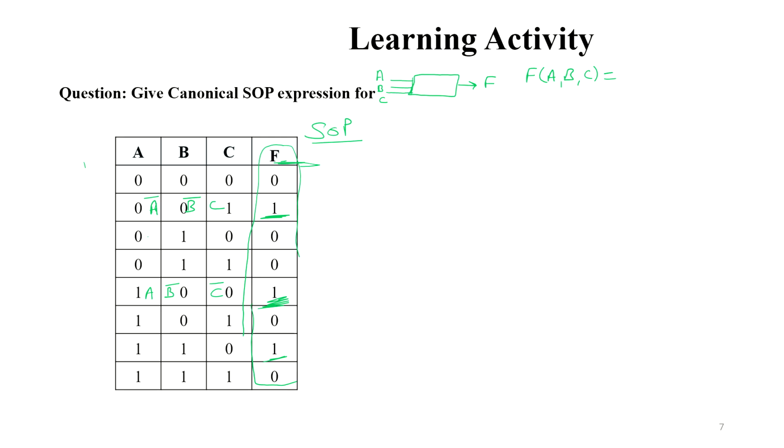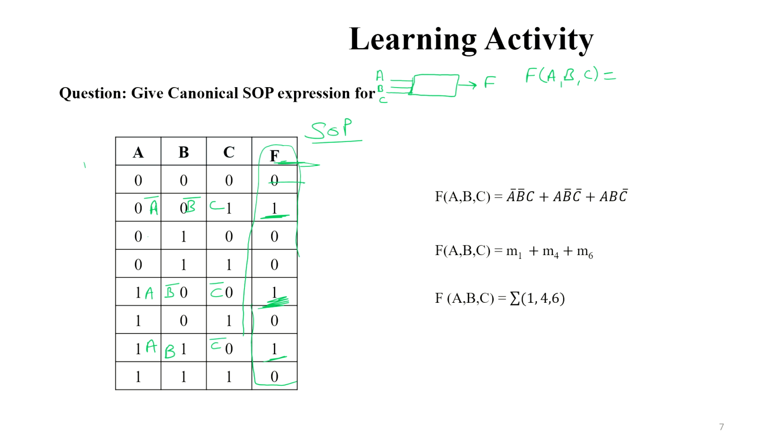Now the remaining one is A, B, C bar. So you put these values, and the function of A, B, C would be equal to A bar B bar C plus A B bar C plus A B C bar. These are all the terms where the function has ones.